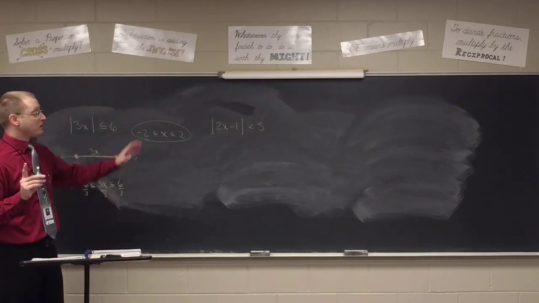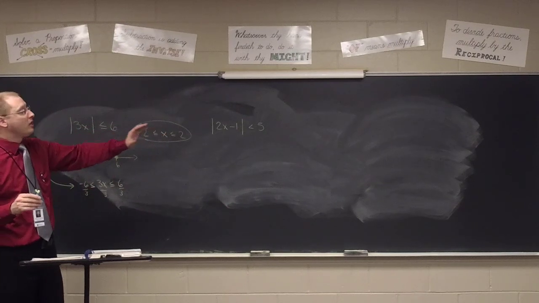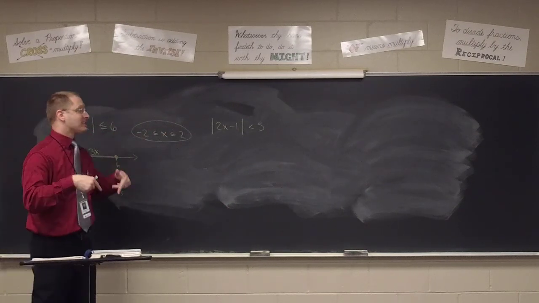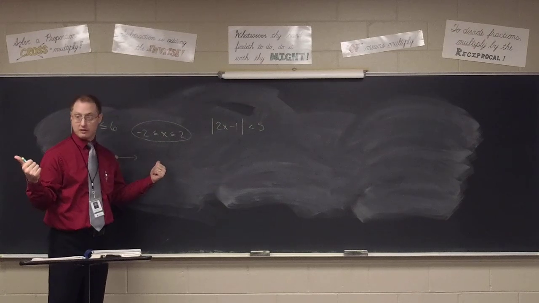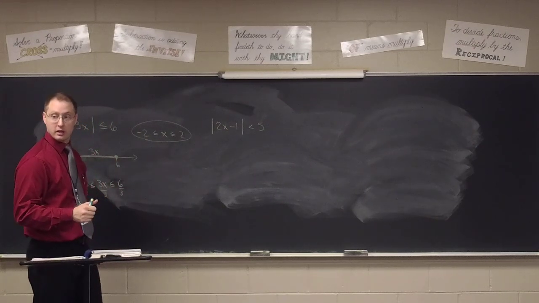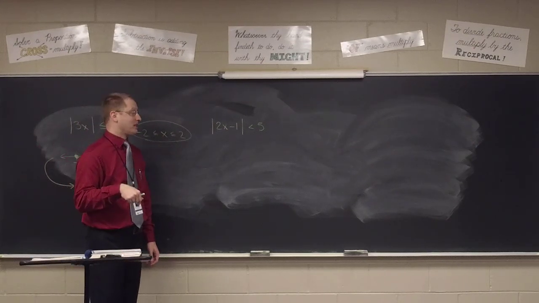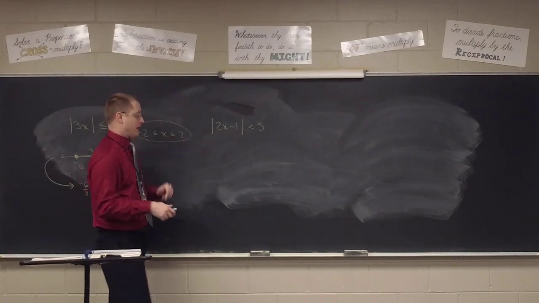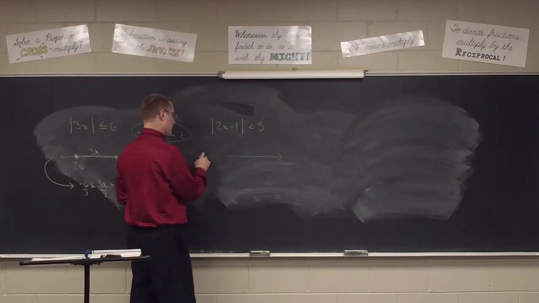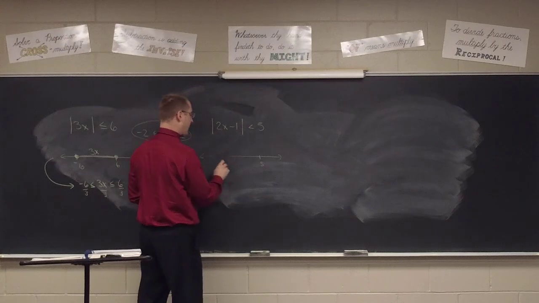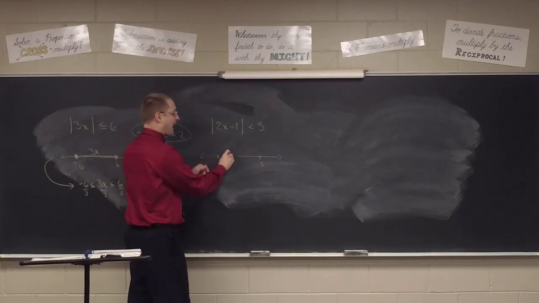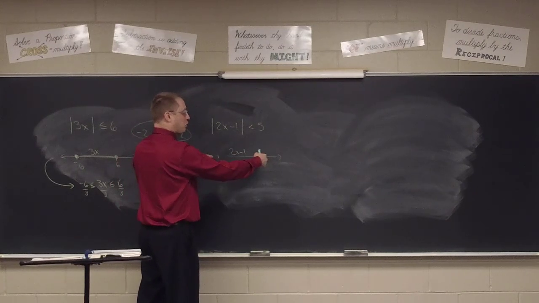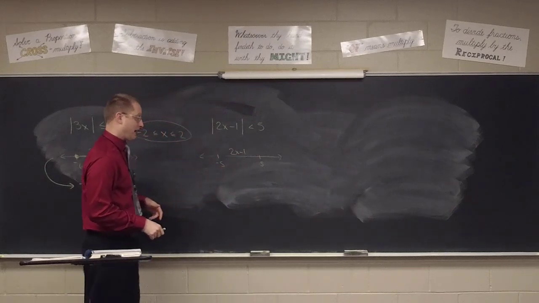So, once we know that it's isolated, now we're ready to ask, do we go inside or outside the positive negative? And we're going to go inside because it is less than. So on the quick sketch number line, again, nothing fancy, there's 5, there's negative 5. I'm going to put the 2x minus 1 in between the 5 and negative 5.